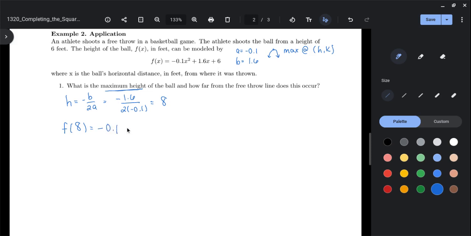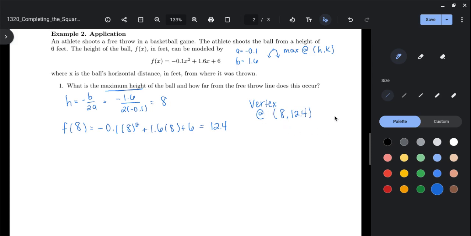So we get -0.1 times 8 squared plus 1.6 times 8 plus 6. And I can plug all of this into my scientific calculator, and I will get the value of 12.4. So my vertex, or my maximum, is at the coordinate 8, 12.4.